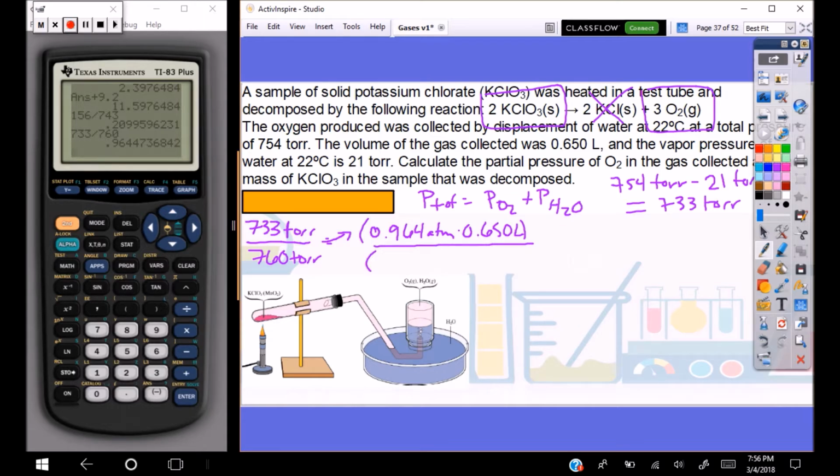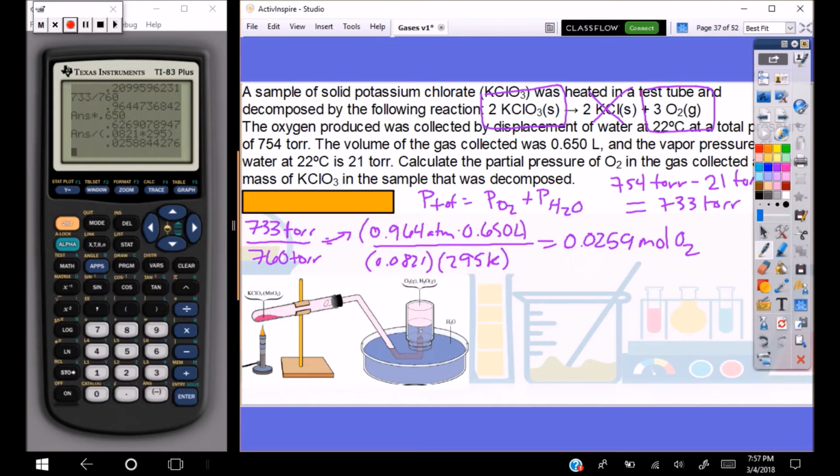I know R is 0.0821, and I know my temperature is 22 degrees Celsius, which is 295 K. So I can go through here. This times 0.650 divided by 0.0821 times 295. And I now have my moles of oxygen, 0.0259 moles of O2.